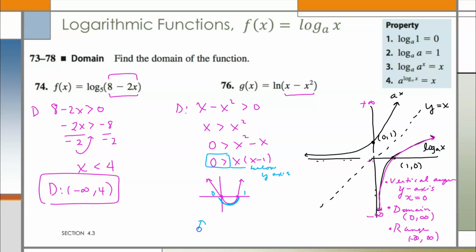So that's its domain, 0 to 1. Now this part especially we have not seen in a while, so you might want to go back and look at polynomial inequalities. This is a polynomial inequality.